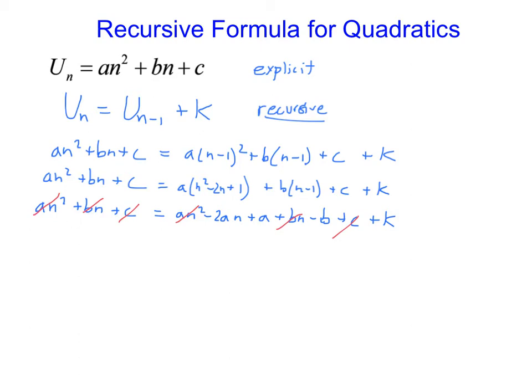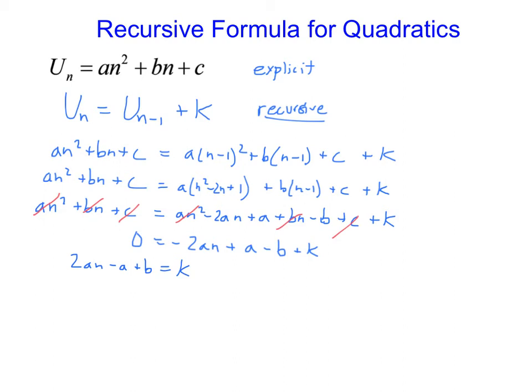So that simplifies that side quite a bit, and it's going to be left as 0. And negative 2an plus a minus b plus k, and now I can get k by itself by adding 2an onto this side, subtracting a, adding b, and that is what k is equal to.